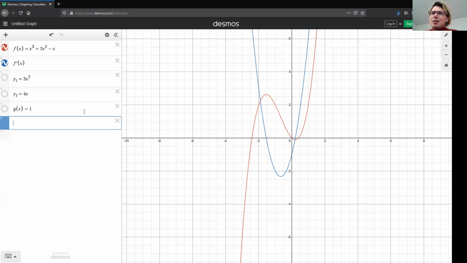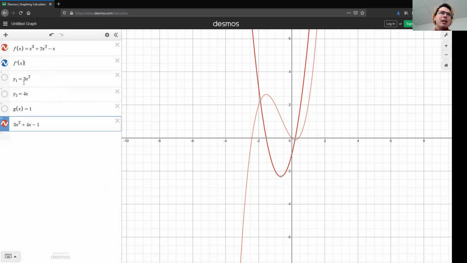What the sum and difference rules tell me is if I want to calculate the derivative of f of x, then I need to take these three separate pieces I calculated and combine them like so. I will have 3x squared. I will add to that 4 times x, and then I will subtract 1.